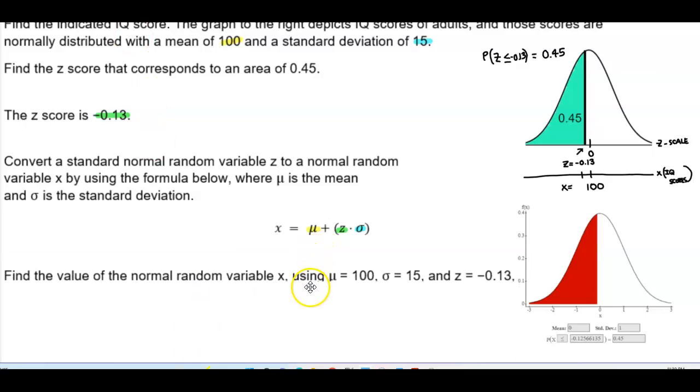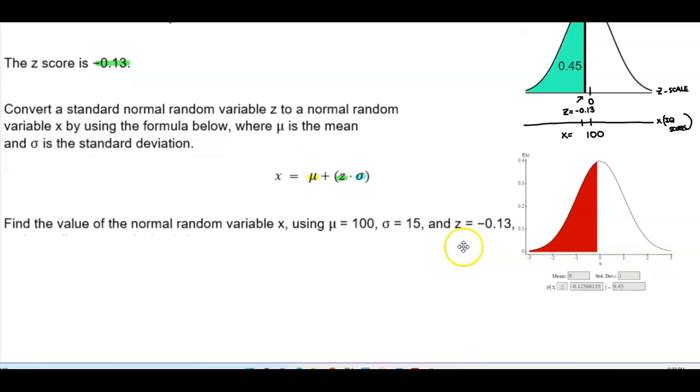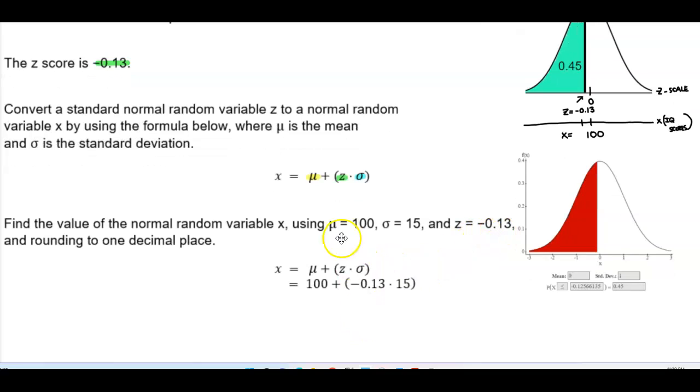Using the mean of 100, standard deviation of 15, and z of negative 0.13, we get 100 plus negative 0.13 times 15.